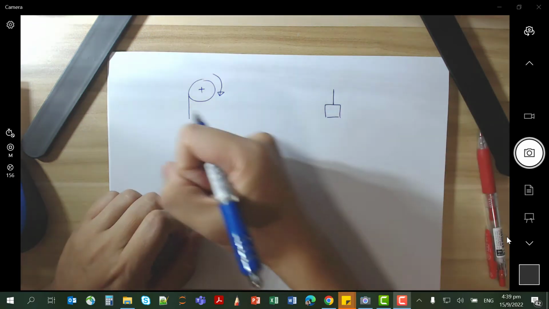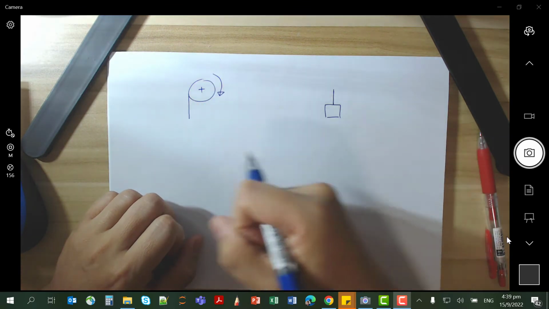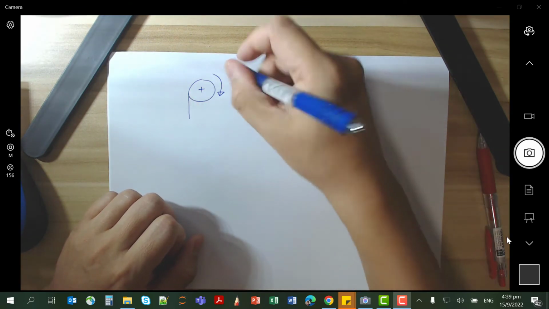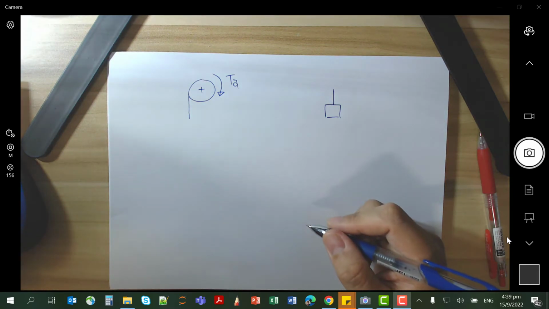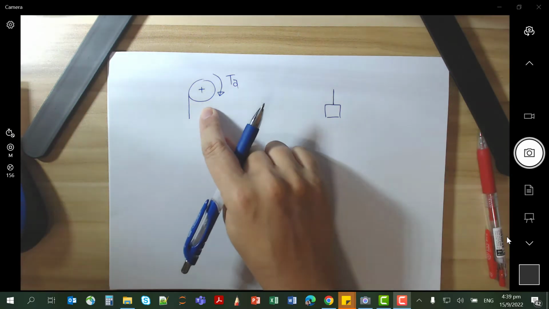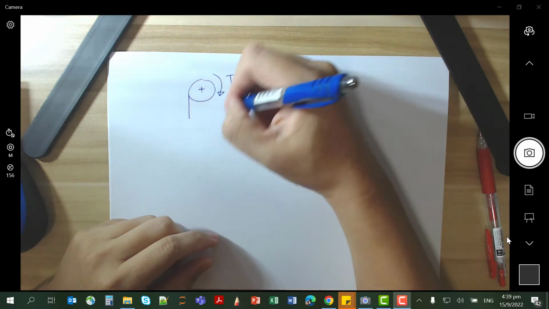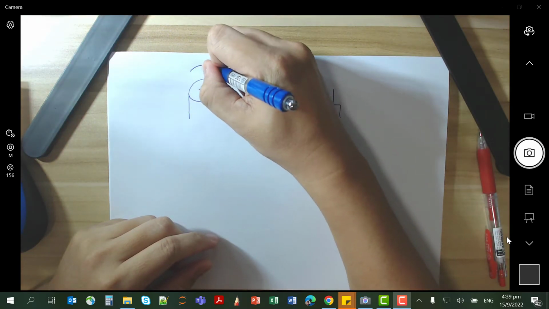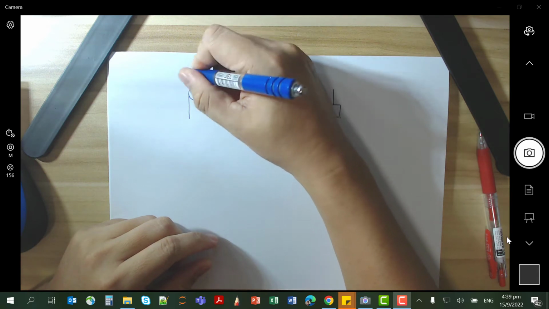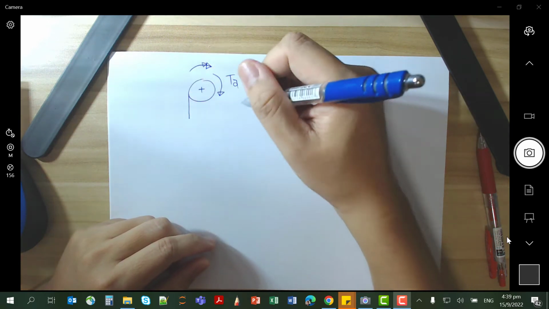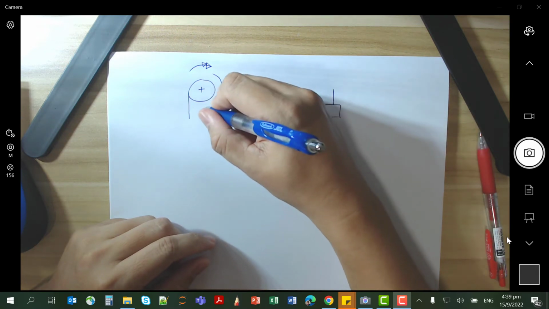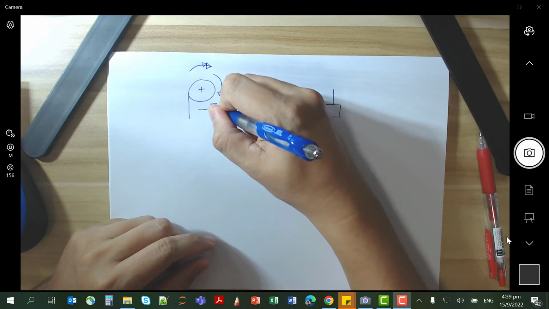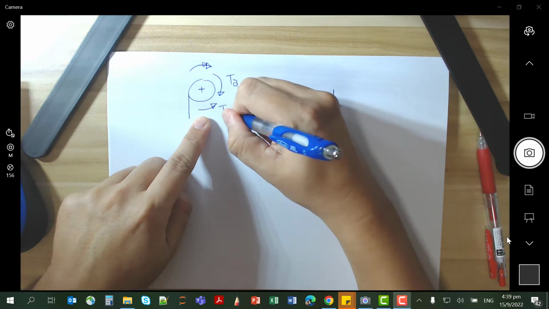We are applying a torque to lift this up, so this is an applied torque. The motion of the drive shaft is also clockwise. If motion is clockwise, the friction will be opposite of the motion, so the friction should be anti-clockwise. We call this TF.